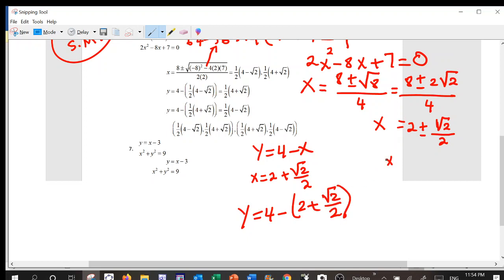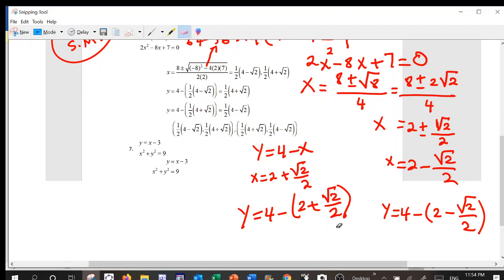And when x equals 2 minus the square root of 2 over 2, then y equals, again, 4 minus 2 minus the square root of 2 over 2.